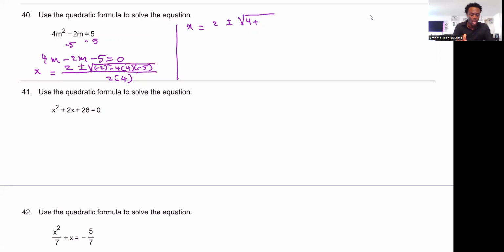I know the result will come out positive, and then we multiply them. It's 84. And then every time you have an expression inside of the radical, you want to see if you can simplify it.